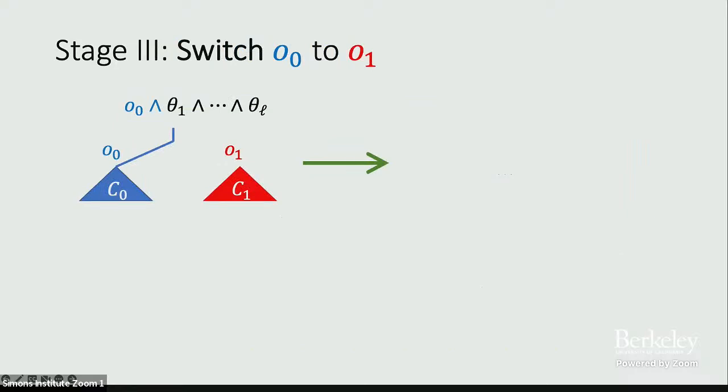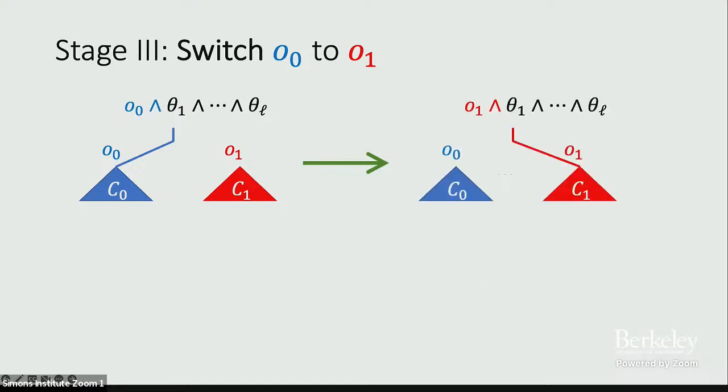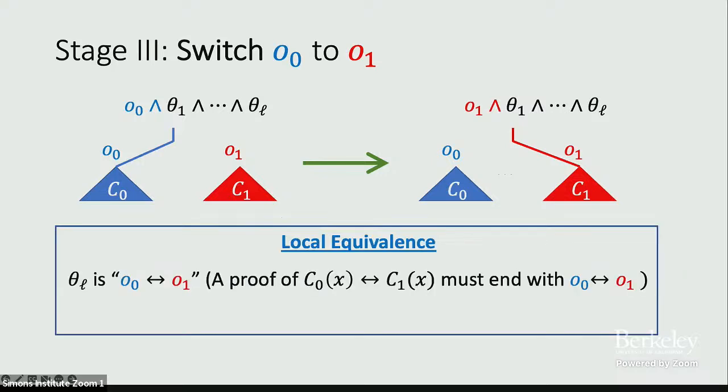So in the next stage, once I have added all of the proofs to the output of the circuit, I can switch the output from O0 to O1. The intuition behind this stage is that if we look at the last line, θl, it must be a proposition saying the output of O0 is the same as the output of O1.